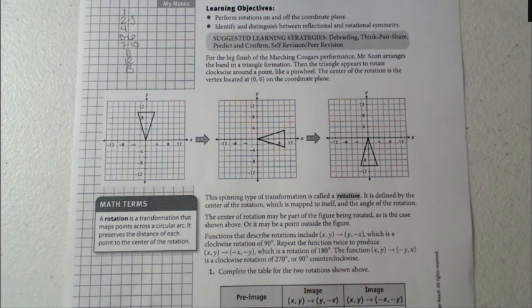The function x comma y goes to negative y comma x is a clockwise rotation of 270 degrees or 90 degrees counterclockwise. A rotation is a transformation that maps points across a circular arc. It preserves the distance of each point to the center of the rotation.